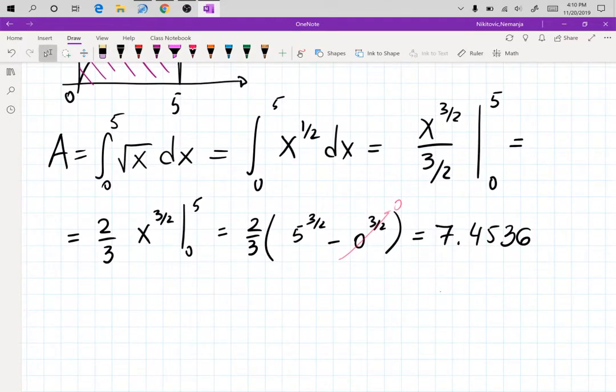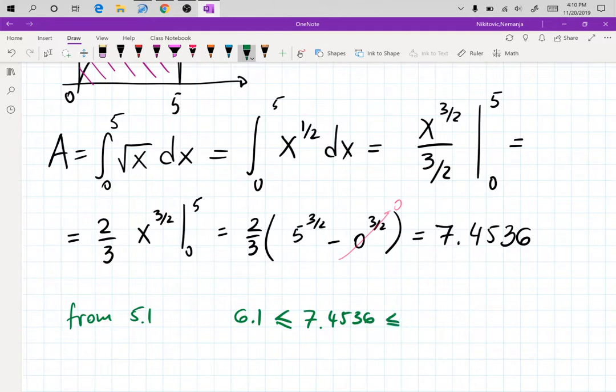Hey, that is between the two values that we had last time. So from 5.1, we have 6.1 less than 7.4536 less than 8.3. So one approximation was undershooting the area, the other one was overshooting the area, with the true area being in between.